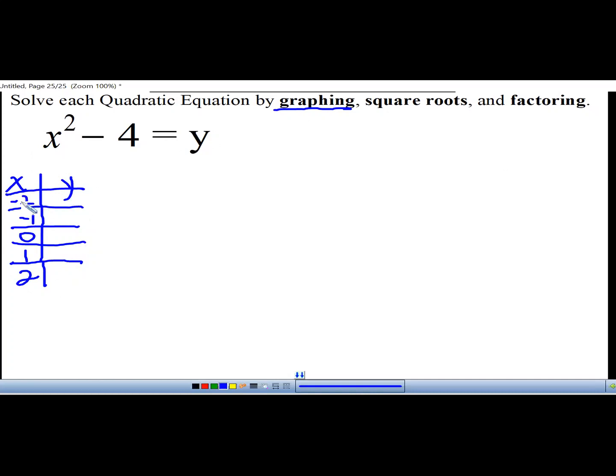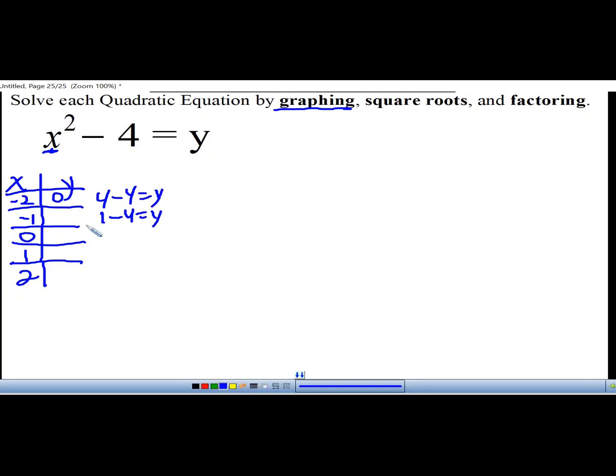So if I substitute the first x value into my equation, -2 goes into x. What is -2 squared? That is 4 minus 4 equals y. So what is 4 minus 4? 0. Next, -1. What is -1 squared? 1 minus 4 equals y.